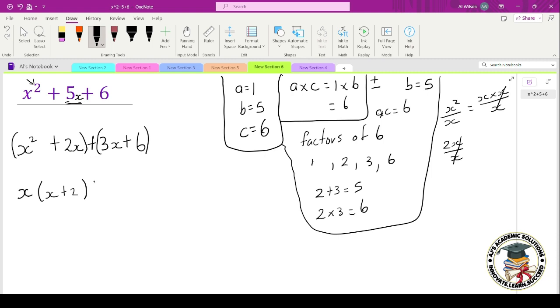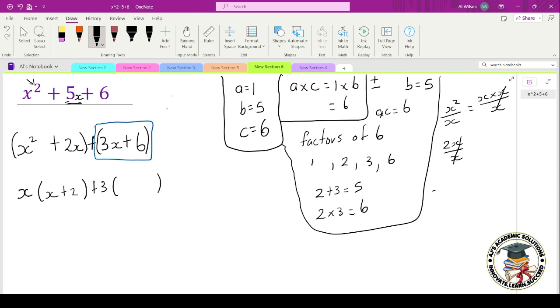Maintaining our addition sign, what we now have is 3x plus 6. For 3x plus 6, our highest common factor is going to be 3. So we write 3 outside here.